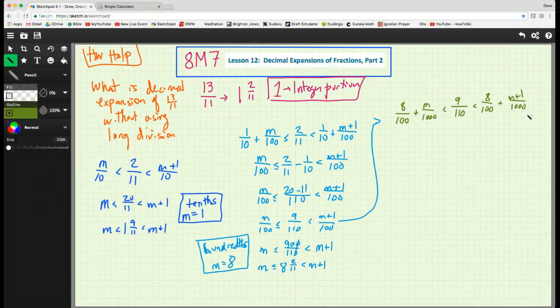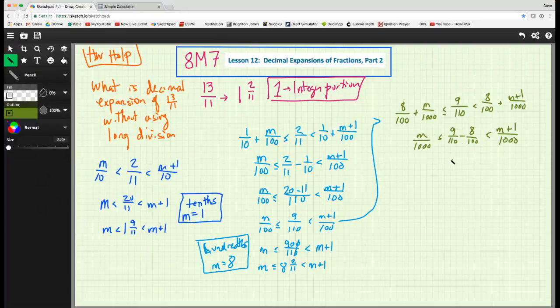So let's subtract 8/100 from everywhere and get m over 1,000 is less than or equal to 9 over 110 minus 8 over 100 is less than m plus 1 over 1,000. All right, good. So now we're going to multiply everything through.